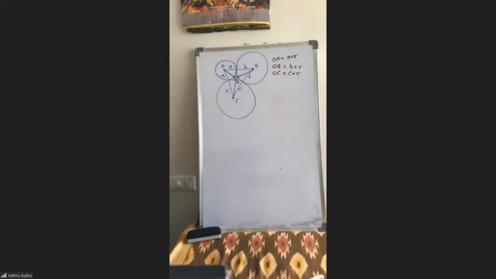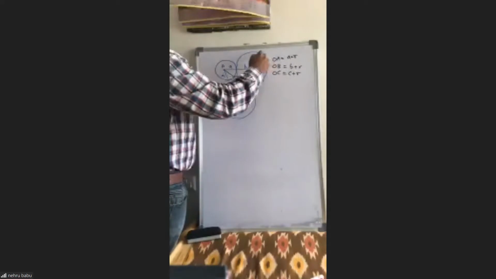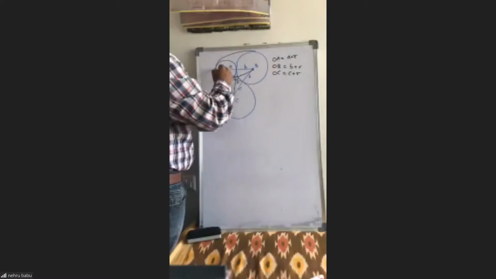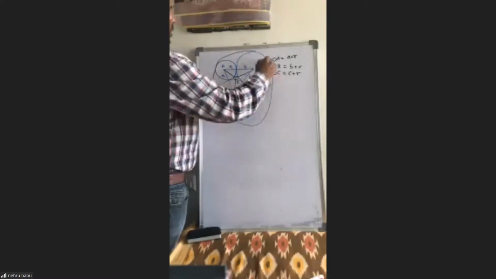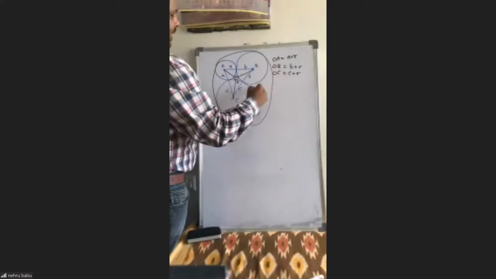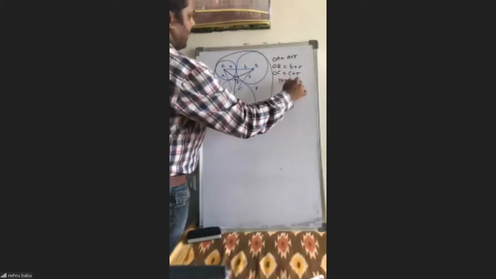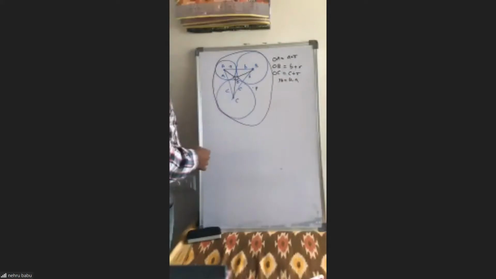In the same way, if you take the big circle which touches these three things, then what happens? Somewhere here P is the center, and PA equals capital R minus A, as these two are touching each other.